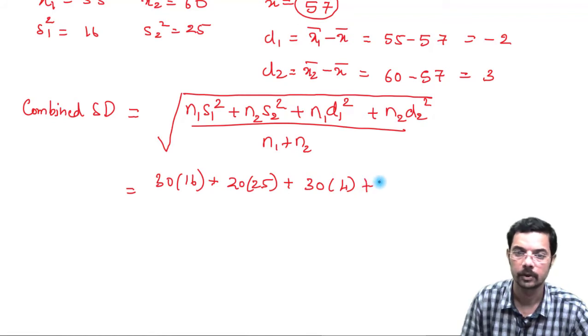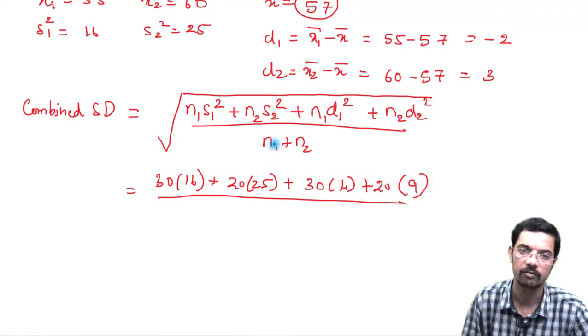Then 20 into d2 square, d2 square is 3 3s are 9. Then whole divided by n1 plus n2, which is 30 plus 20, that is 50.